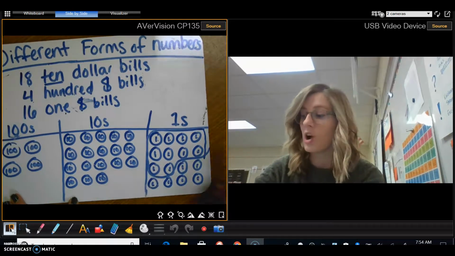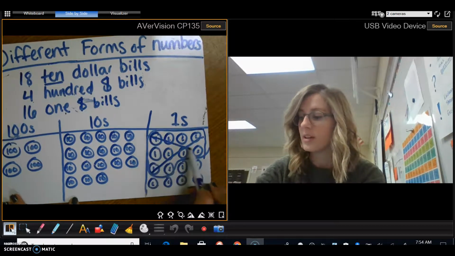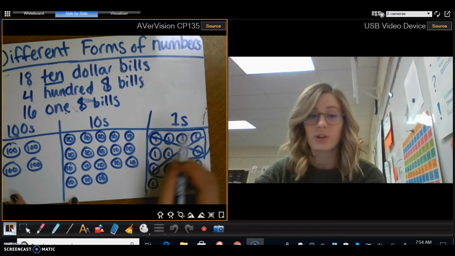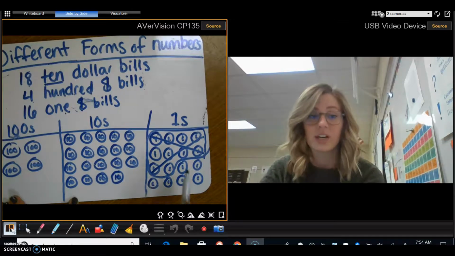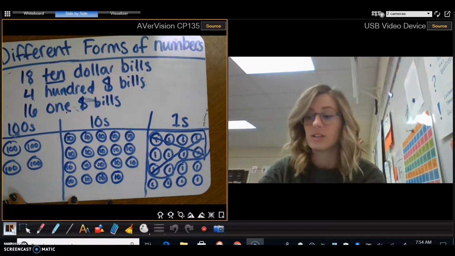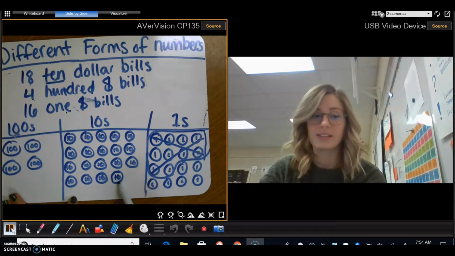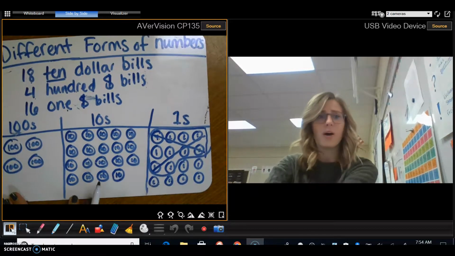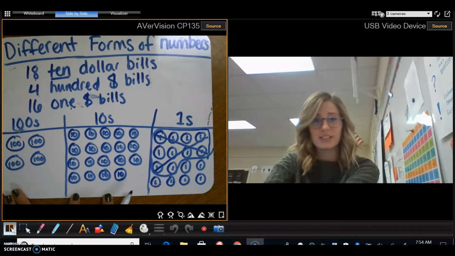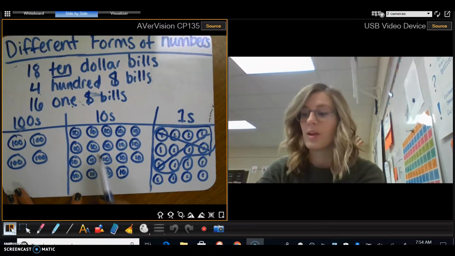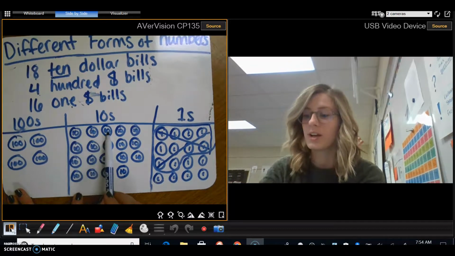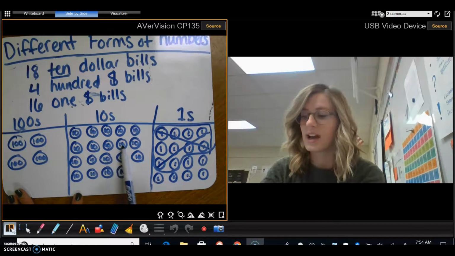So I'm going to cross these out, and I'm going to group these. And that means I need to add another 10 place value disc to my 10s. So this became this, right? But now we have way too many 10 place value discs, right? So we need to group these too. So let's count. 1, 2, 3, 4, 5, 6, 7, 8, 9, 10.